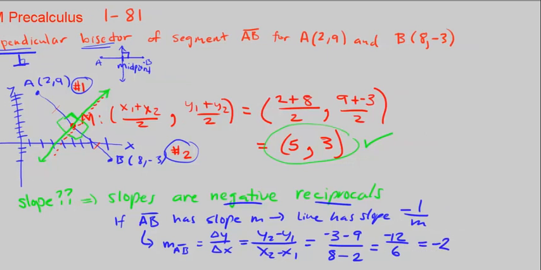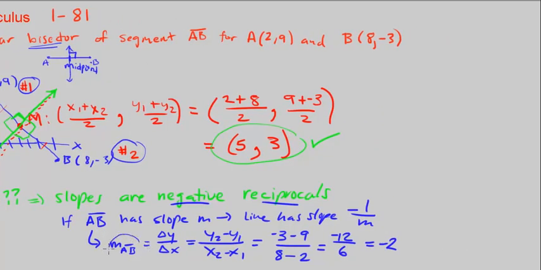Okay, so that's the slope of our segment AB. So that means the slope of our perpendicular line is going to be the negative reciprocal. So since this is negative, it makes it positive, 1 over 2.